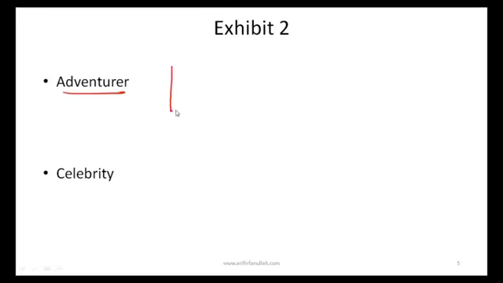So the adventurer, immediately you put the top right, and then what was this axis over here? Impetuous, exactly. So impetuous, and what about top over here? Confident. So impetuous, confident, adventurer.